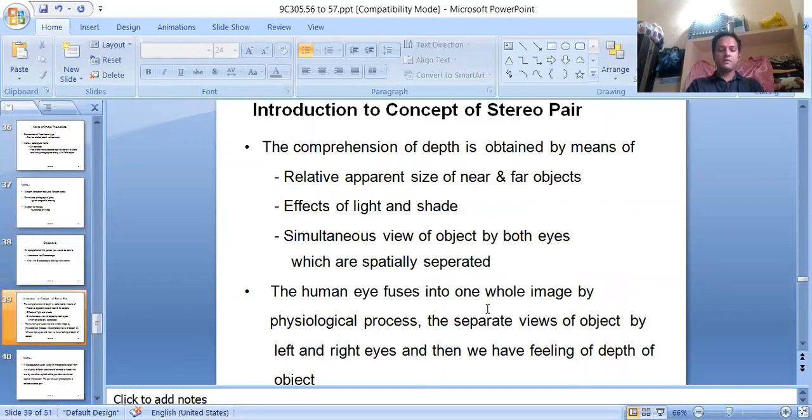Here we have another concept, introduction to the concept of stereo pair. The comprehension of depth is obtained by means of relative apparent size of near and far objects, effects of light and shade, and simultaneous view of the object by both eyes, which are spatially separated.